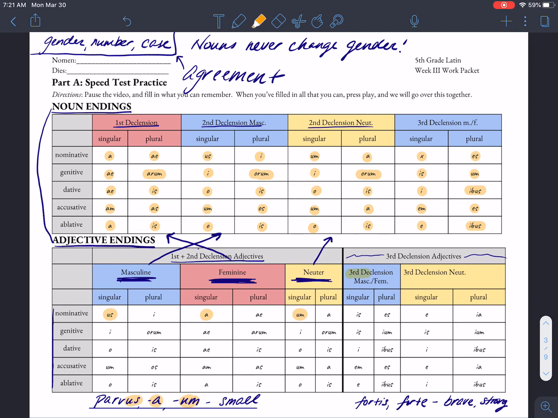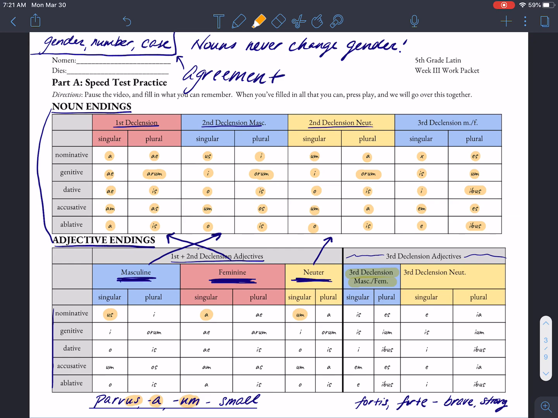This first one here is third declension. It applies to masculine and feminine nouns. So if you have a feminine noun and you have a third declension adjective going with that feminine noun, it's going to take one of these endings, depending on what case that noun is. If you have a masculine noun, it's also going to take one of these endings, depending on the case and the number of that noun.